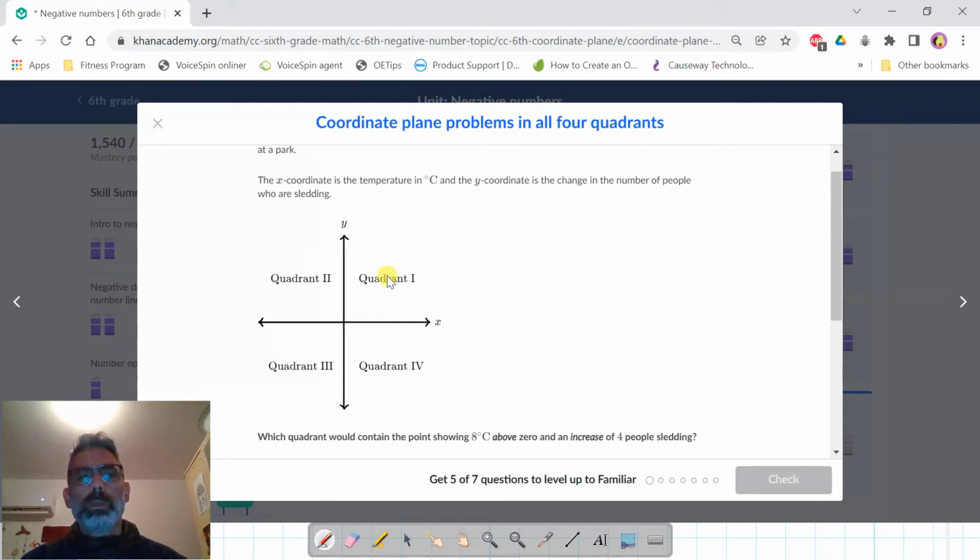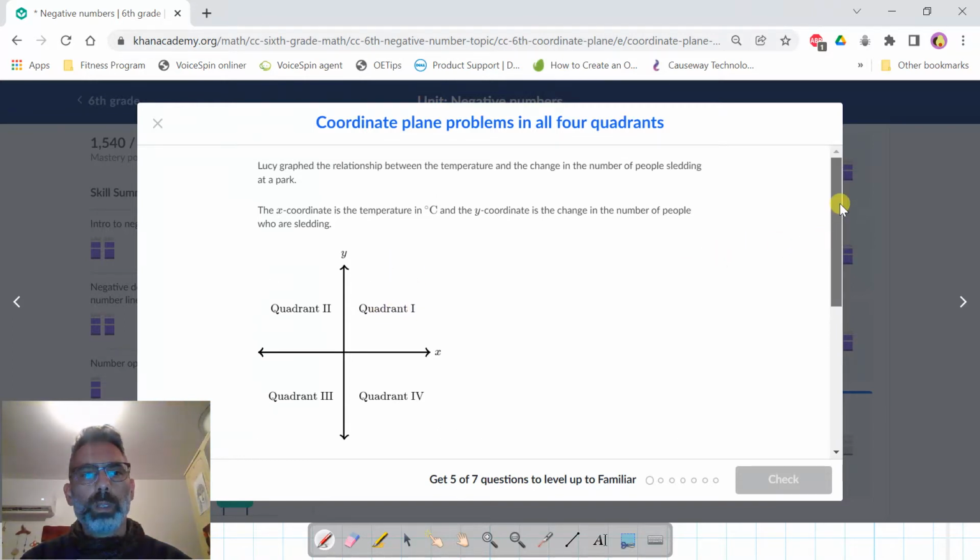Okay, so if both numbers are positive, both on the x and on the y, we are in quadrant 1.